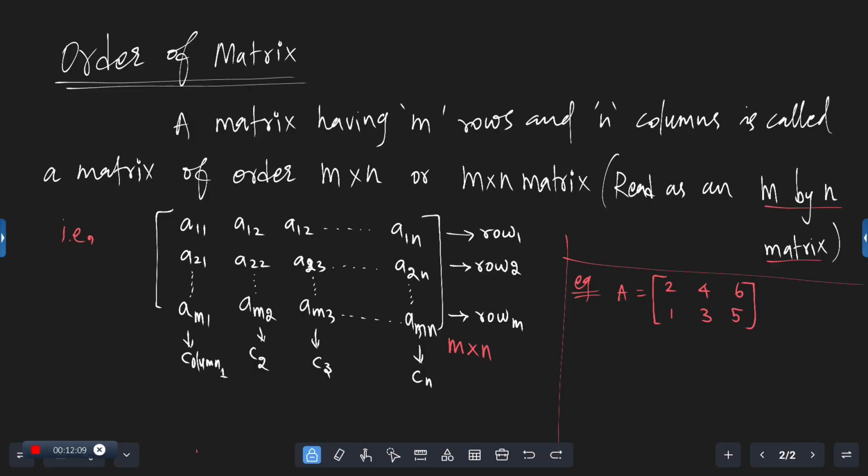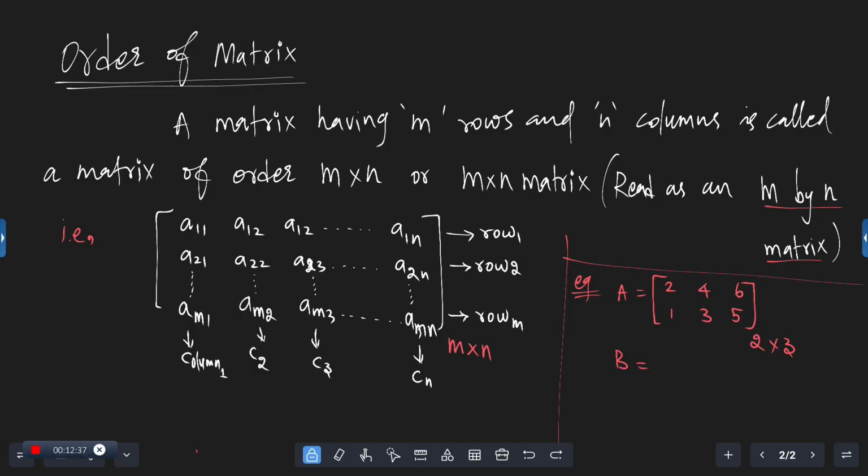How many rows do we have? 2 rows. Very good. And how many columns? 3 columns. So it is a 2 by 3 matrix. This is the way to mention the order. The 2 by 3 is called the order here.